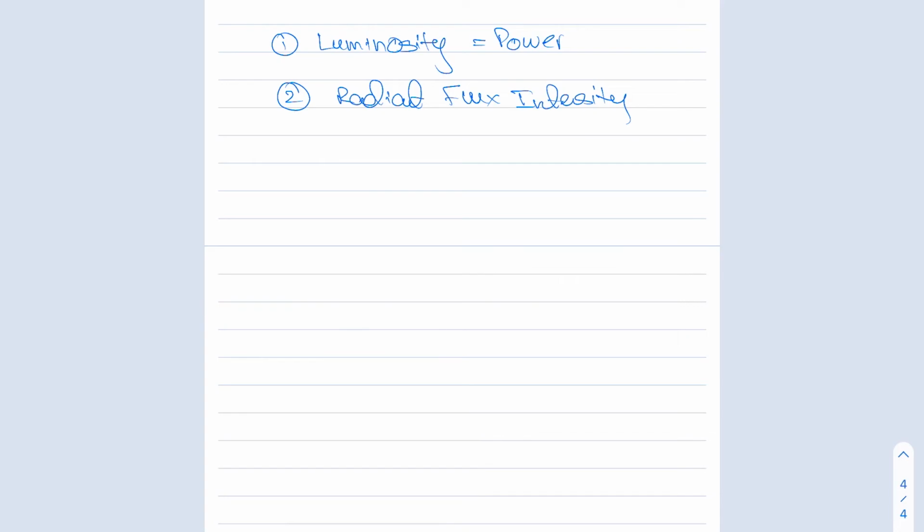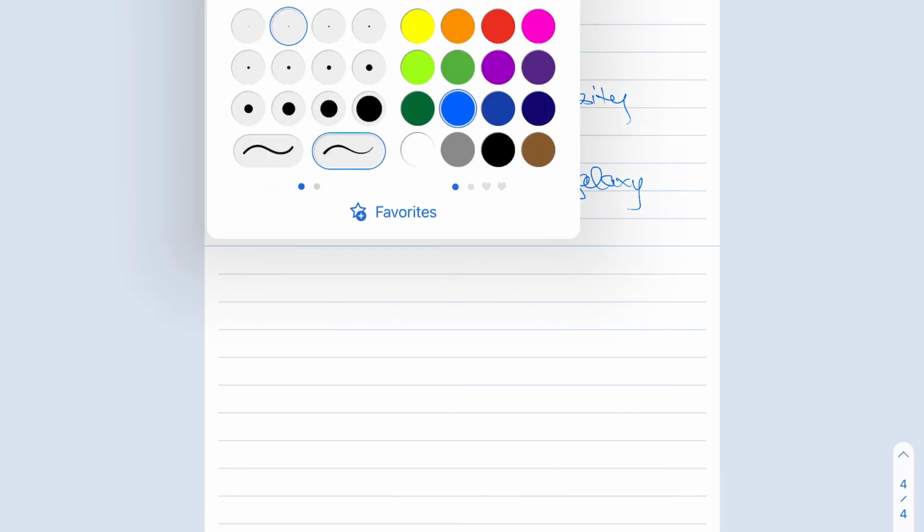Radiant flux intensity is basically intensity. And the third thing we did was we found the distance to a galaxy. So these are the three things we did in today's lecture.